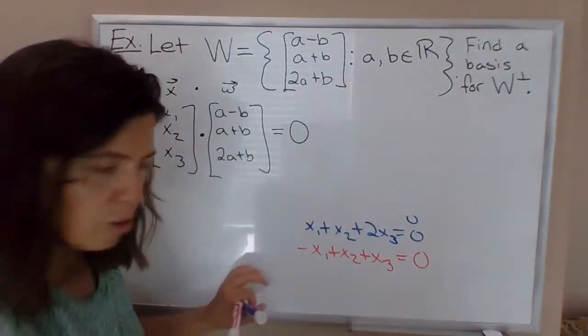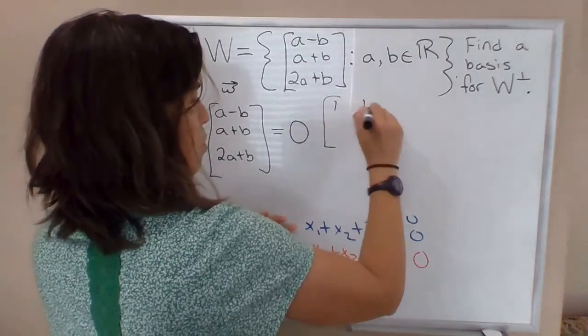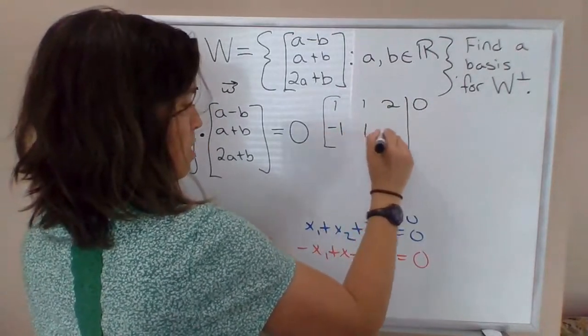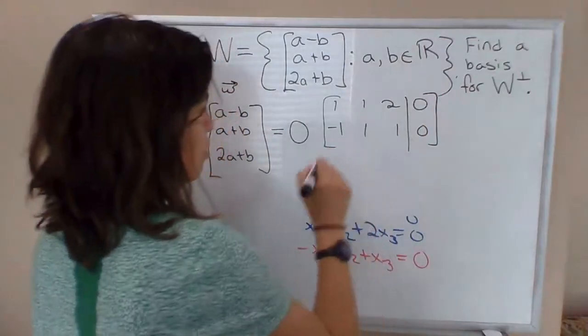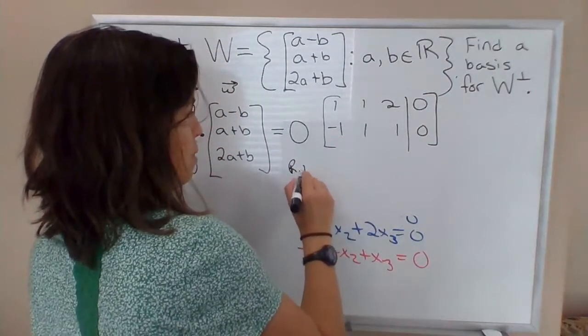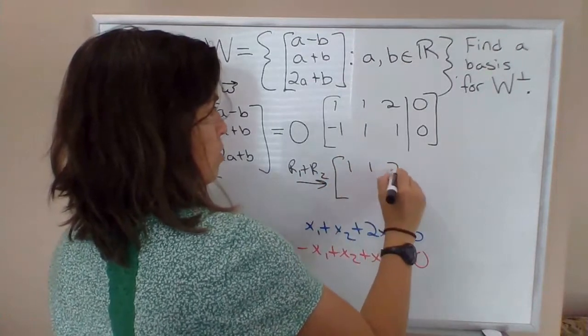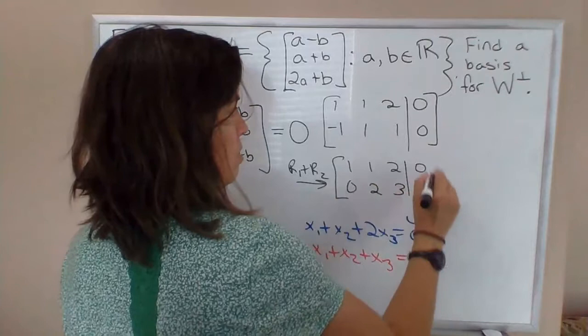If I make my row 1: 1, 1, 2, 0. Second row: negative 1, 1, 1, 0. This is a straightforward one to row reduce. If I do row 1 plus row 2, I get 1, 1, 2, 0 and 0, 2, 3, 0.